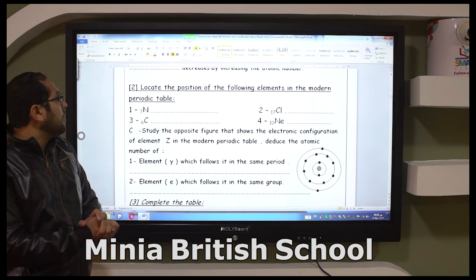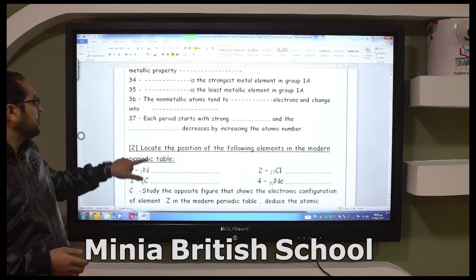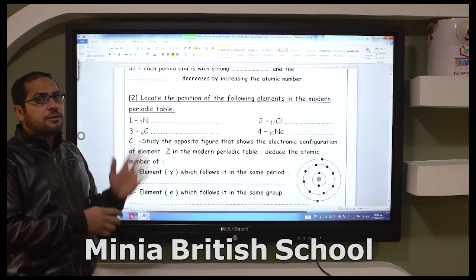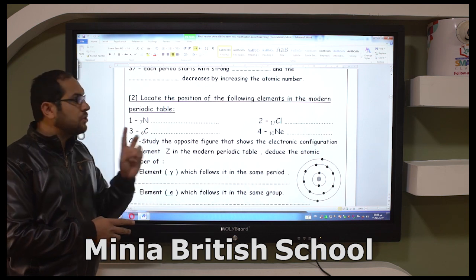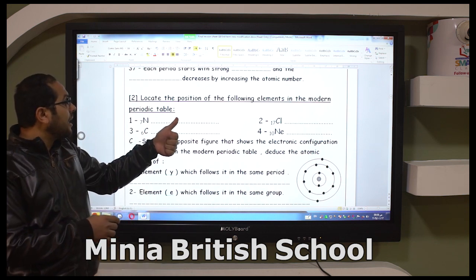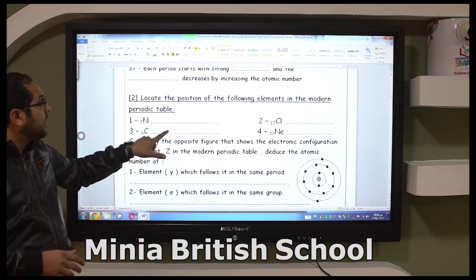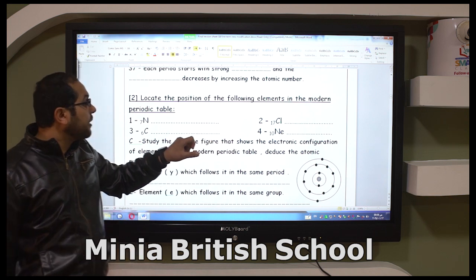Okay, locate the position of the element in the modern periodic table. Nitrogen, 2, 5. 2 energy levels represent the number of the period, period 2. The last level includes 5 electrons, so it lies in group 5A.